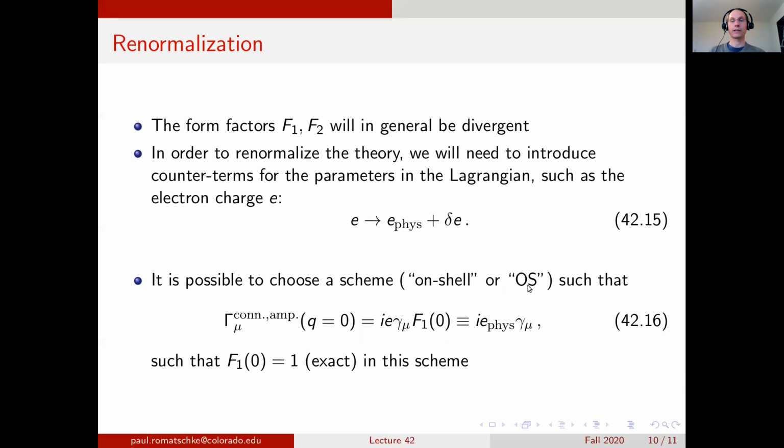And it is simply given by the condition that the vertex evaluated at Q is 0, so when the photon is on shell, then we want this result to be equal to i E physical times gamma mu. So basically, we can choose a renormalization condition that says that the form factor F1 evaluated for Q is 0 is 1. And that's an exact statement in this renormalization scheme to all orders in perturbation theory.